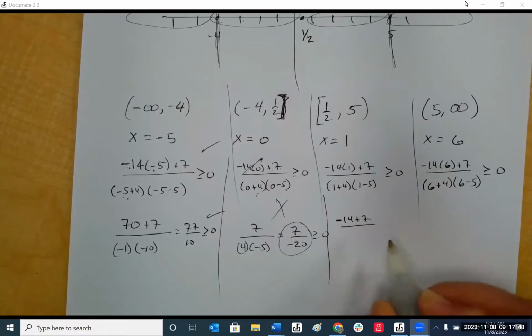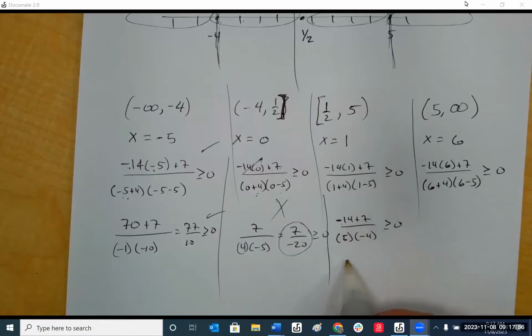Negative 14 plus 7, positive 5, negative 4. Negative 14 plus 7 is negative 7 over negative 20. The negatives cancel. That one will work.